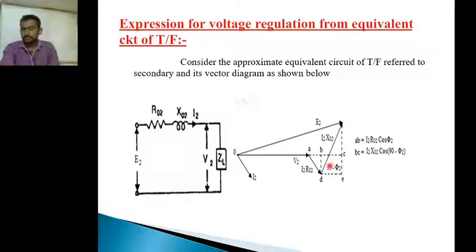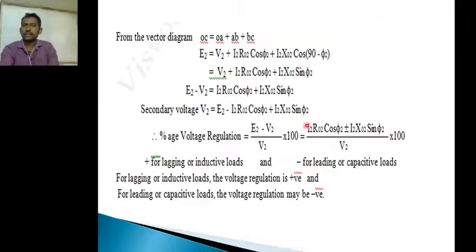Then what is this DE? This DE is nothing but cos of 90 minus phi 2 into I2 X02, because this hypotenuse is nothing but I2 X02. So from this, DE is I2 X02 into cos of 90 minus phi 2. So this DE is equal to BC. That's why we can write BC equal to I2 X02 into cos 90 minus phi 2. So cos 90 minus phi 2 means sin phi 2.